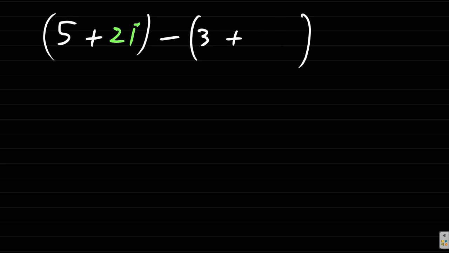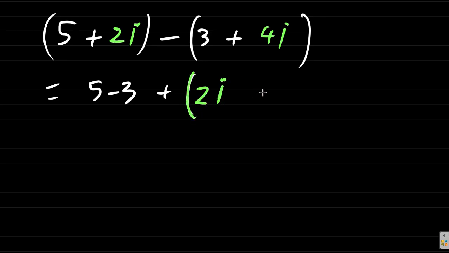Alright? So we have 3 plus 4i. What would we get? Well, 5 minus 3, real parts, then plus what? It's going to be 2i minus 4i.